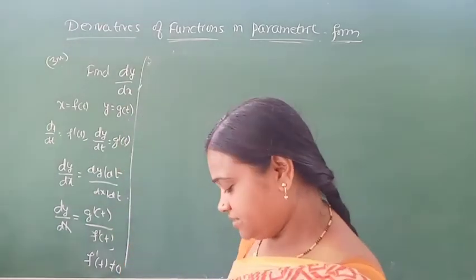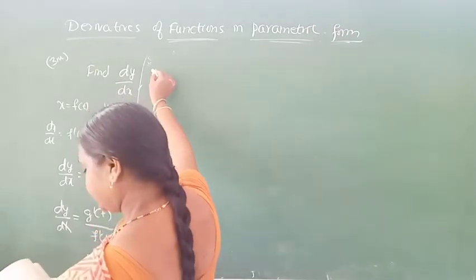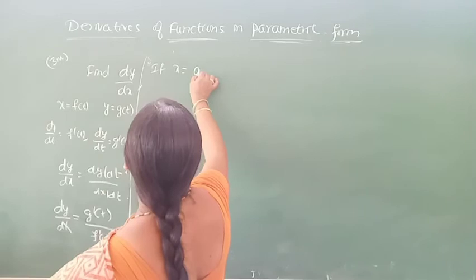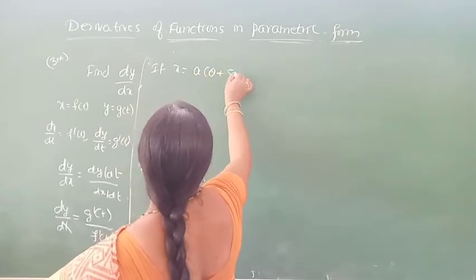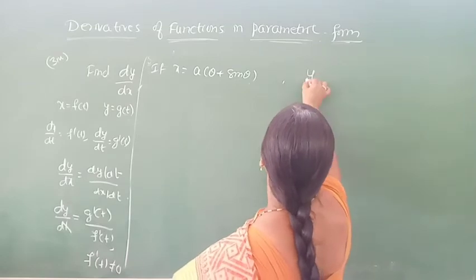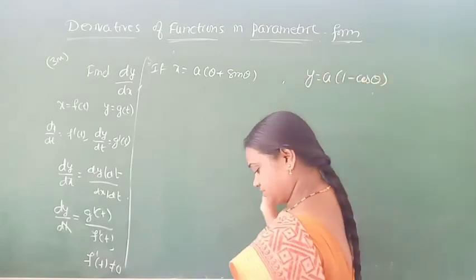Next example: find dy by dx if x is equal to a into theta plus sin theta, y is equal to a into 1 minus cos theta.